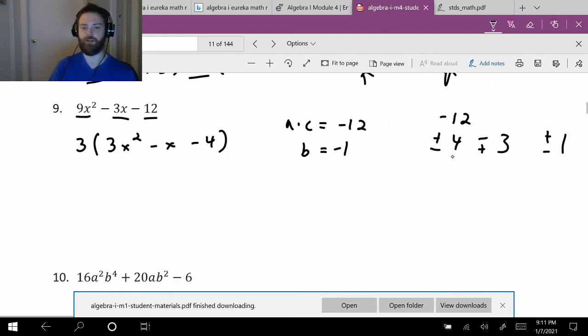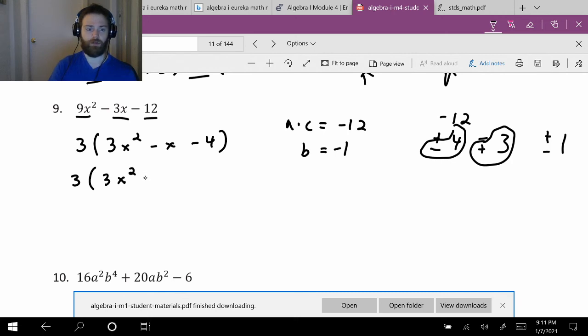So what I'm going to do with those two things is I'm going to take -4 and +3 here and add them together to get -1. So that gives me 3 times 3x squared minus 4x plus 3x minus 4. So now I can factor. These two terms factor out an x.